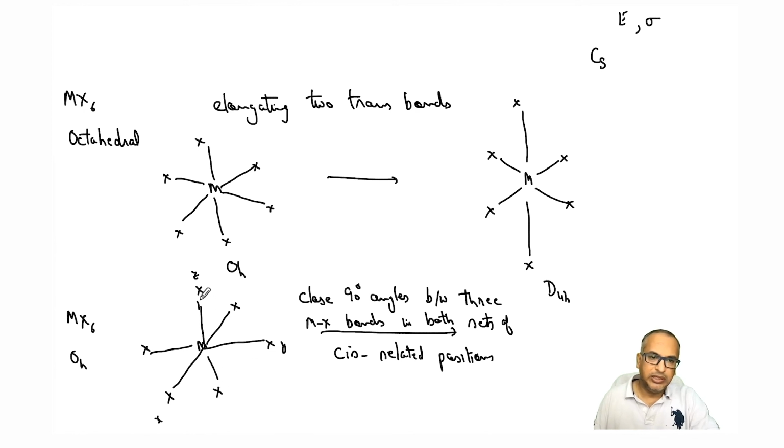So now if you consider this X, let me circle this X, and this X, they are one set of cis related positions. The other three are other. So let me draw it with a different color. So the pink set is the second set, right?